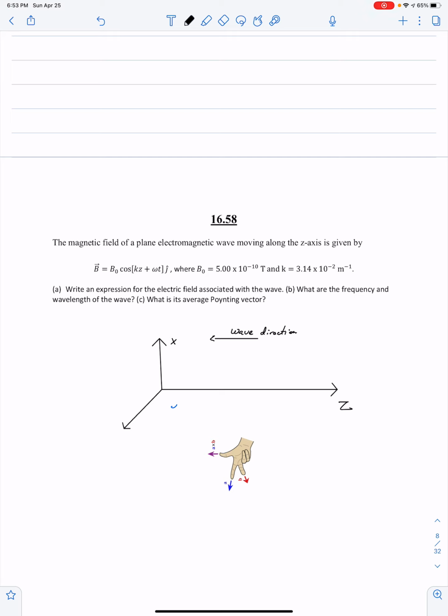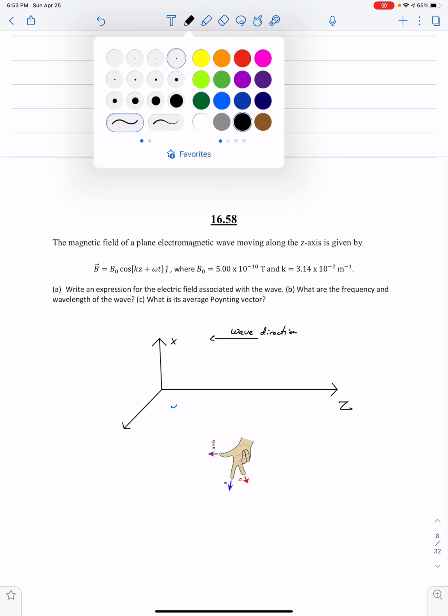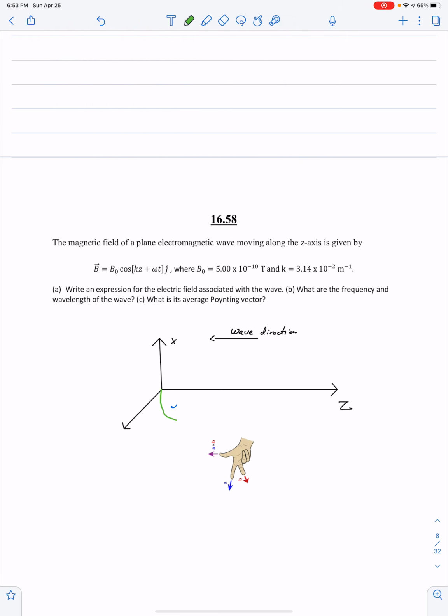It is saying the magnetic field of a plane magnetic wave is moving along the Z axis, which means the wave is actually moving along the Z axis. So let's say that the wave, let's put it in green, is traveling like this.